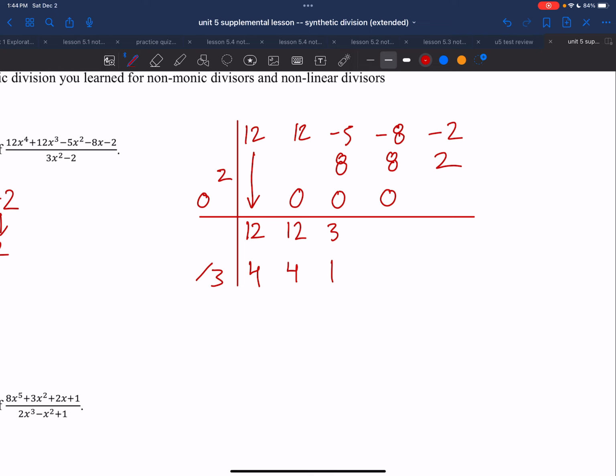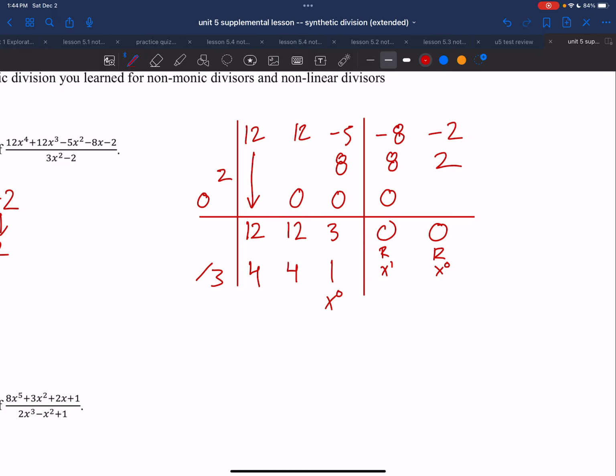Also, because there's 2 here, that means it's going to end at 2, right? The remainder is going to be here. So I split this up between remainders and non-remainders, right? Negative 8 plus 8 is 0. Negative 2 plus 2 is 0. And just like we don't divide, whatever these remainders are, you don't divide by 3. That's it. That's the remainder of the constant. That's the linear remainder.